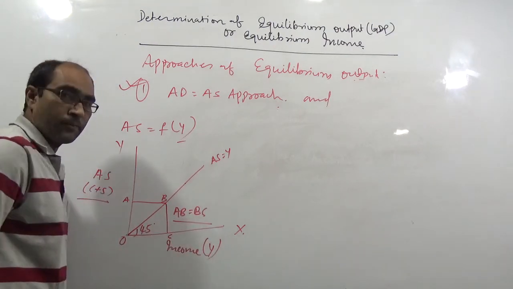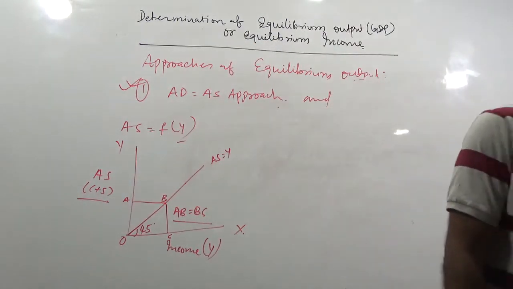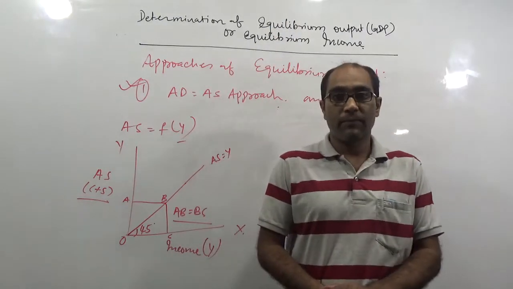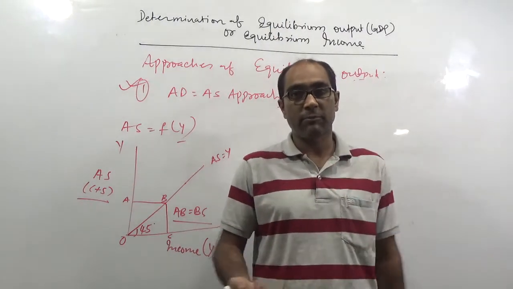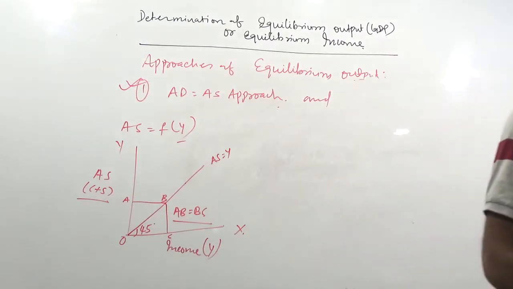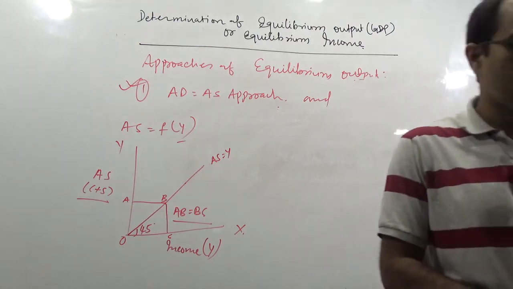So our AS curve starts at the origin, maintains equidistance from both the axes, and constitutes a 45-degree angle at the point of inception.